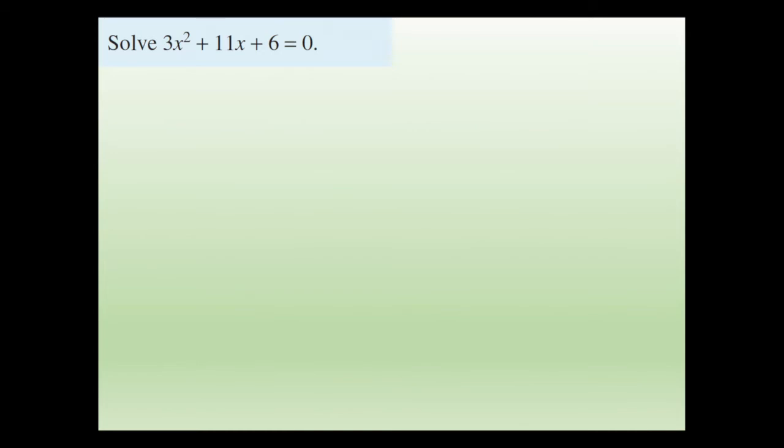What about this? Solving 3x squared plus 11x plus 6. You can see that this is actually a non-monic quadratic function without any highest common factor. So we need to use the way that I taught you to factorize this. We need two numbers which multiply to 18 and add up to 11.